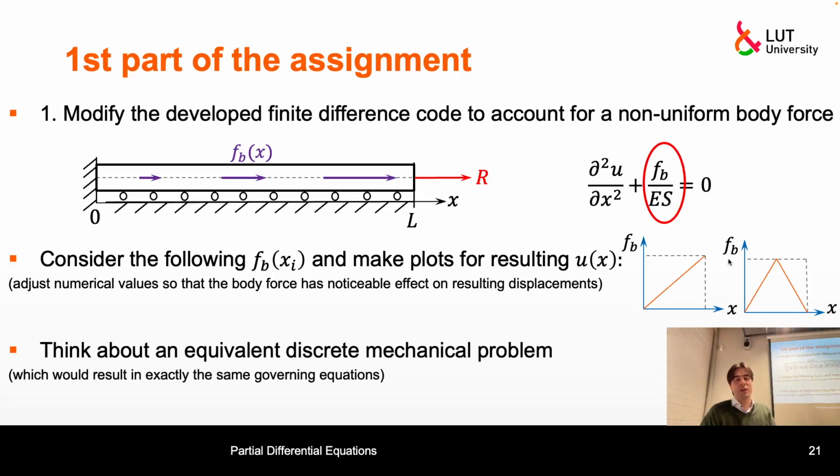And I want you to make some simple tests for two types of dependence of the body force on coordinate. First, it's zero in the beginning, at the origin, and then it increases linearly.